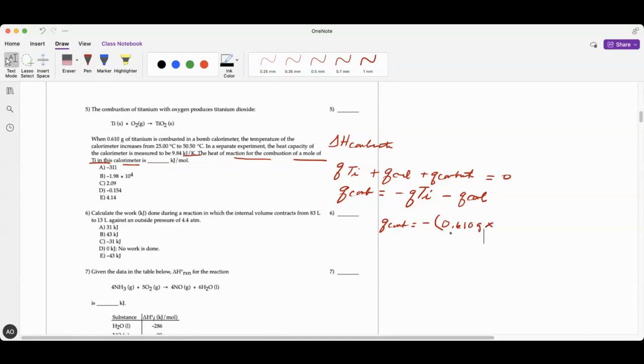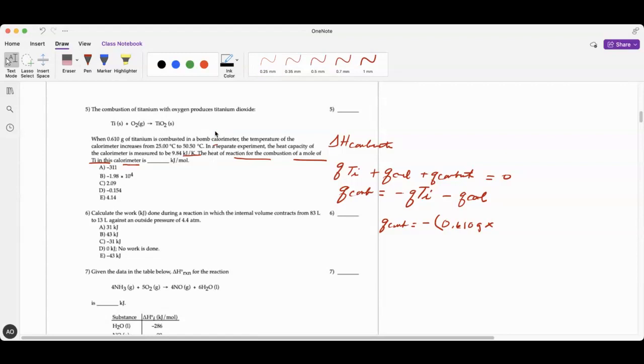Oh, this is strange. No, that's in kilojoules per Kelvin. Yeah, this problem, I feel like we're missing some information here. Any suggestions here?